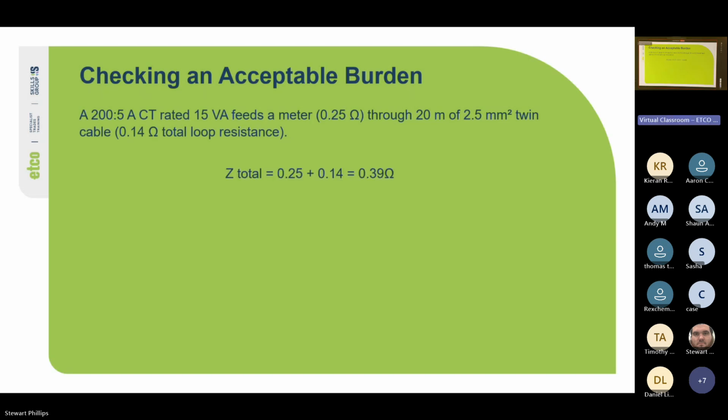The first thing we're going to do is check our Z total: 0.39 ohms, 0.25 plus 0.14. We figure out the burden: 5 squared times 0.39 is 9.75 VA. So it is acceptable because it is below the 15 VA rating. Our accuracy will be maintained.